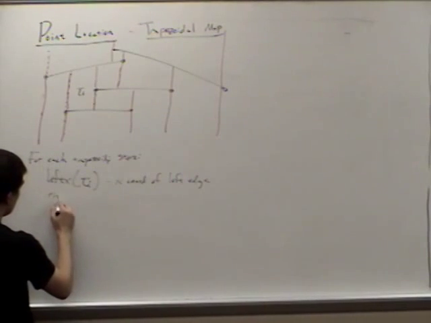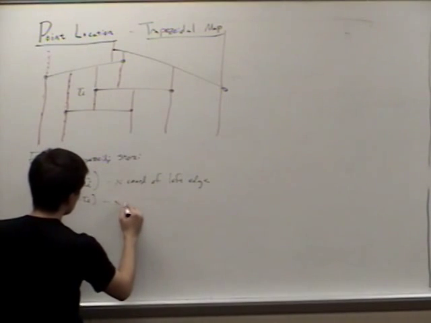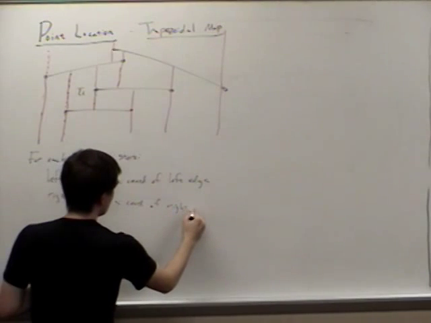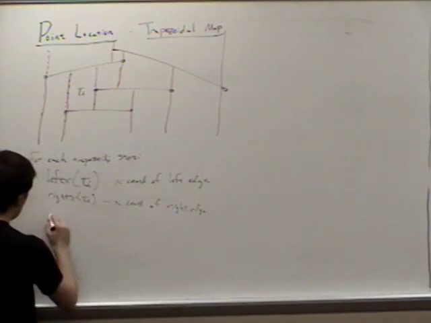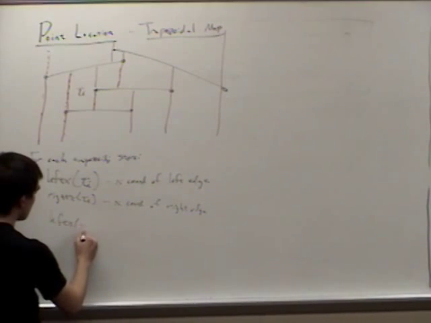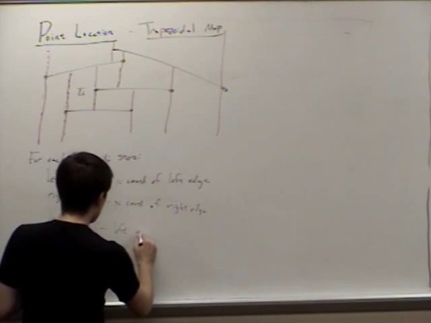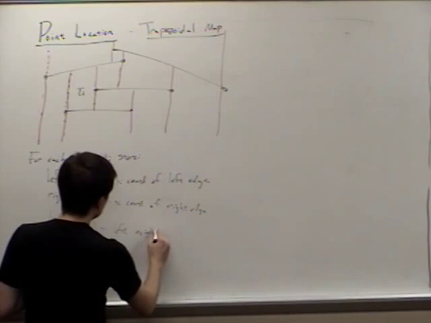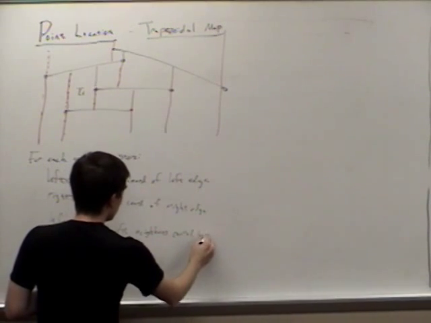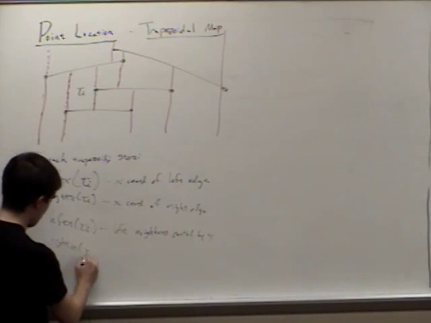We'll store the right x, which is the x coordinate of the right edge. And then we're also going to store a list, or basically an array, the left neighbors, a binary tree, whatever you choose, sorted by y. And similarly for the right neighbors, so we'll have right neighbors sorted by y.